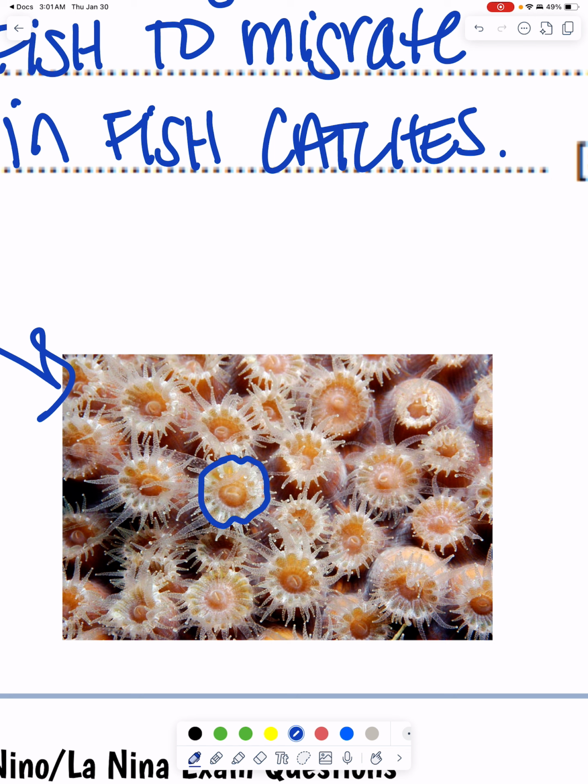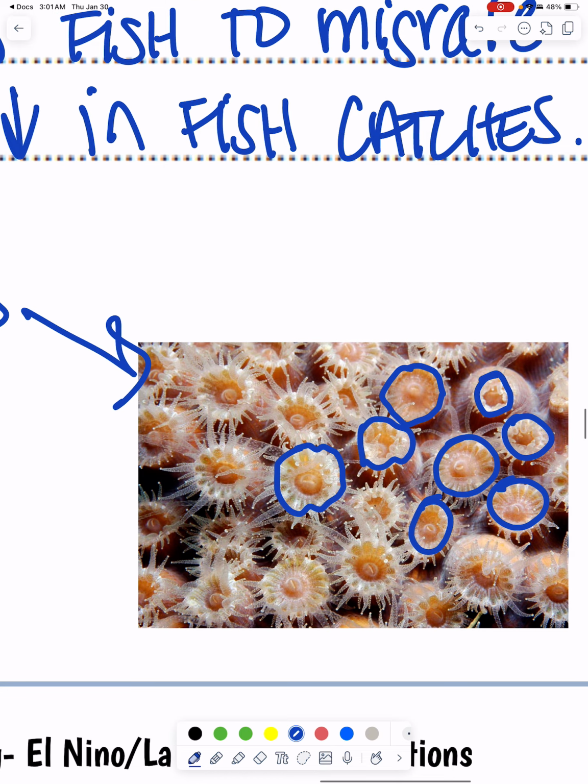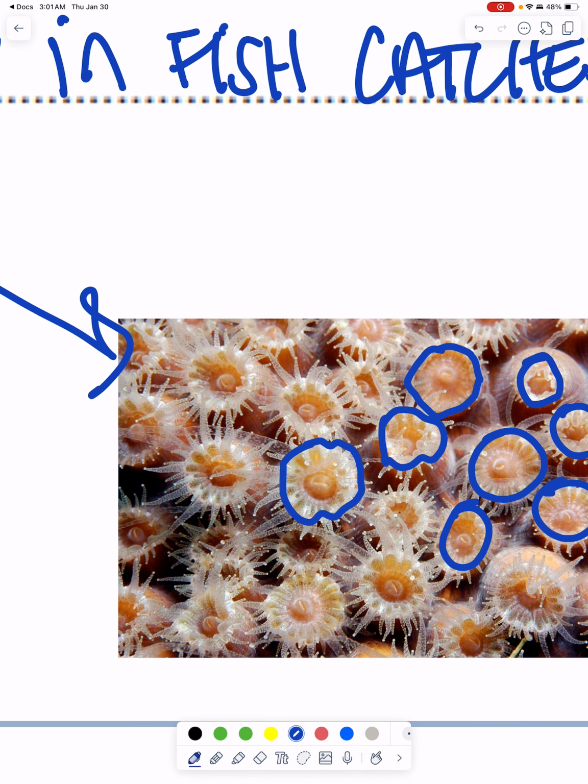They're all identical. But a coral itself is made up of many, many of these individual polyps. They are animals. Inside of their tissues, though, is microscopic algae, and that is called zooxanthellae.